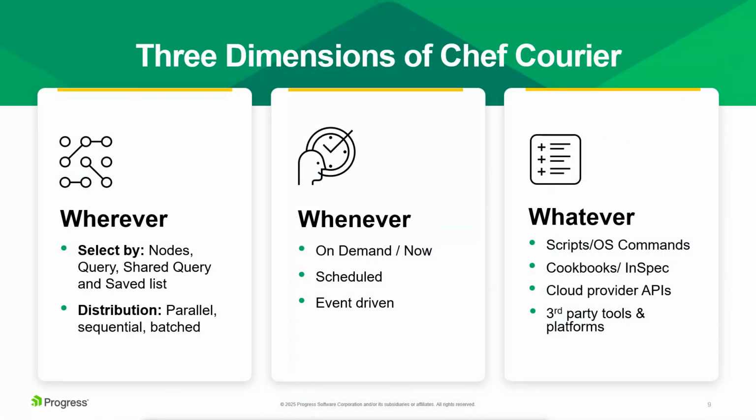Now, Courier, this orchestration offering, can really be summed up across 3 dimensions. The way we define it is the wherever, the whenever, and the whatever. So the wherever is about how the orchestration jobs are run: selecting what nodes you want to run the job against, whether you're using a query to find nodes based on certain criteria, or you can even use saved lists of nodes.